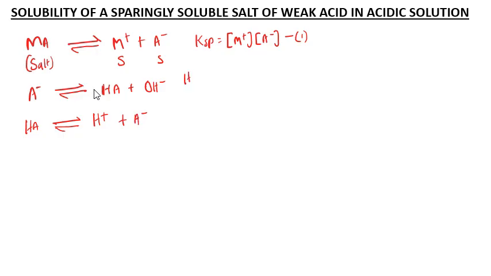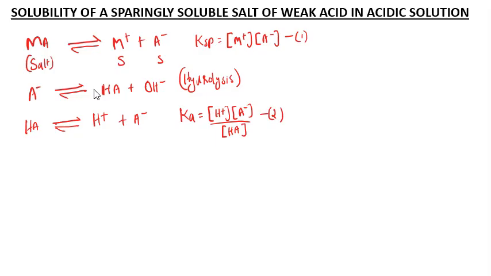This is your hydrolysis part. From here we can write the Ka of this acid: Ka is equal to the concentration of H+ times the concentration of A- divided by the concentration of HA. I'll call this equation number 2.